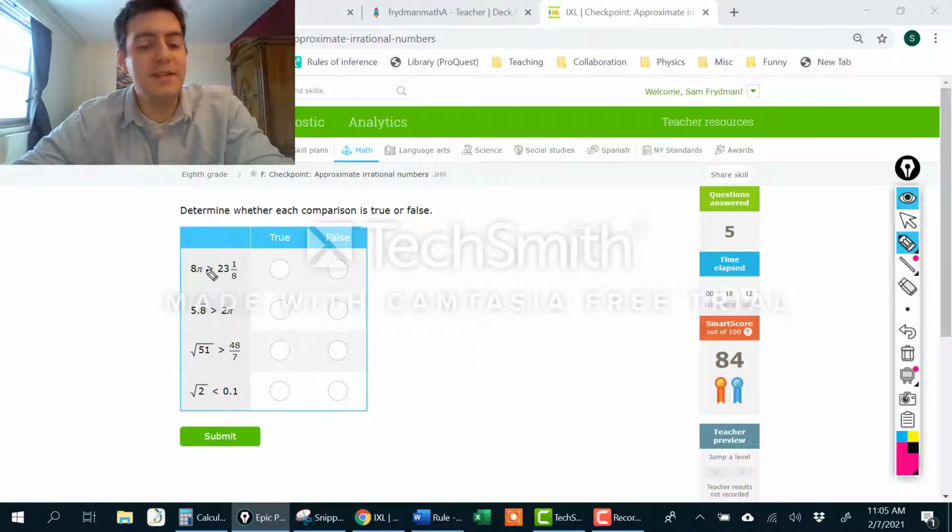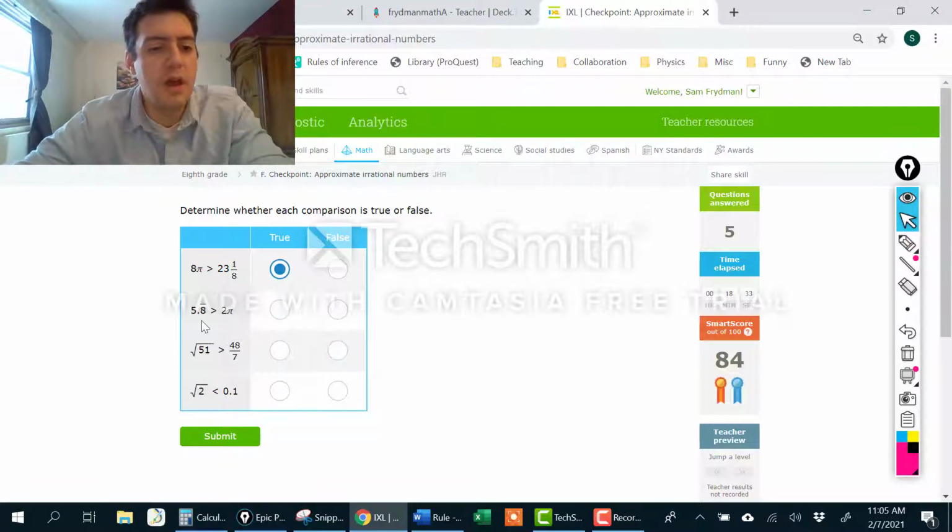So 8 pi is definitely going to be more than 23 and 1/8, or 23.375, because 1/8 is 0.375 in decimal form. But that doesn't even matter because I already know that this is bigger than 24, so it's definitely bigger than 23 and some fraction. So we're going to click true for this one.